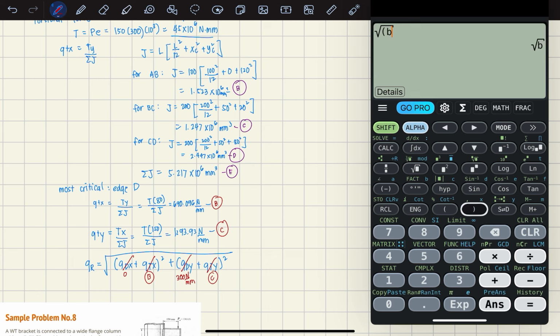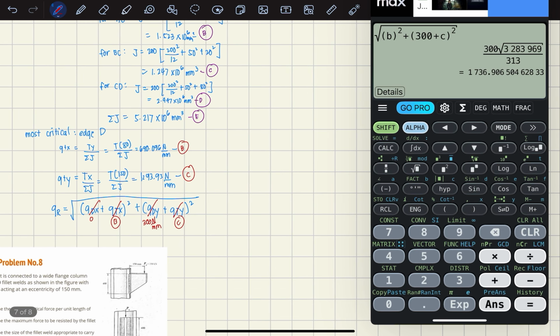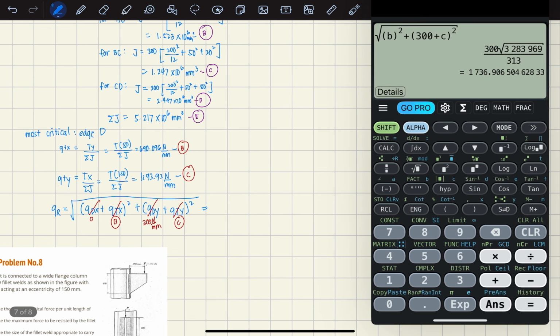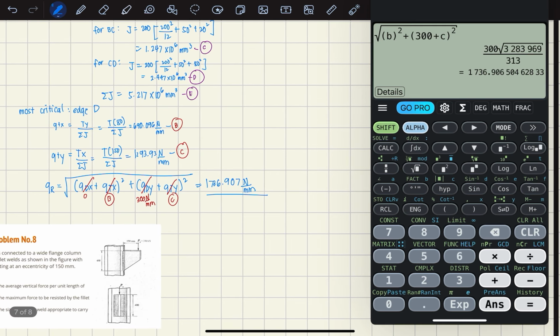So, therefore, yung resultant Q is equal to 1,736.907 Newton per mm. So, ito na yung value ng Q natin.